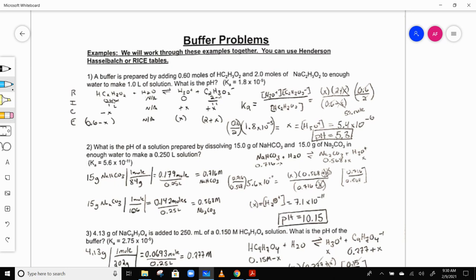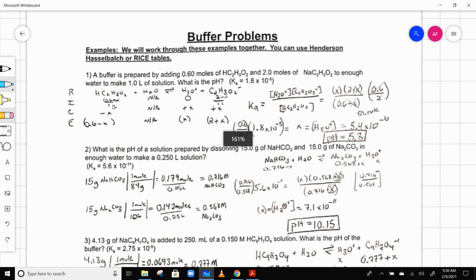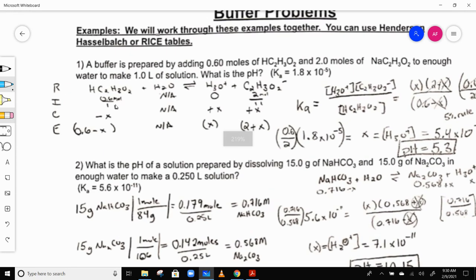So we start with our 0.6 moles of our acetic acid. We don't have to worry about H2O, but we write it in the equation just because it makes it look nicer. Okay, and then we're going to create some H3O+, or hydronium ion, and our acetate ion.